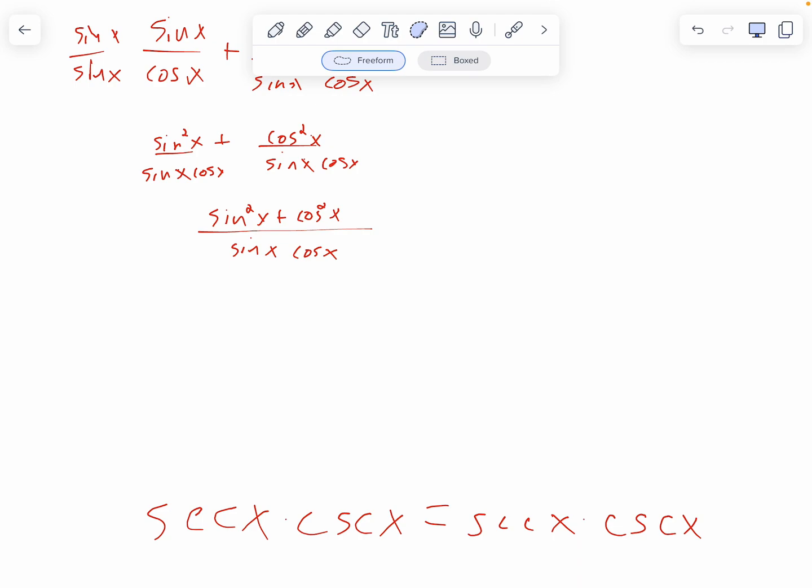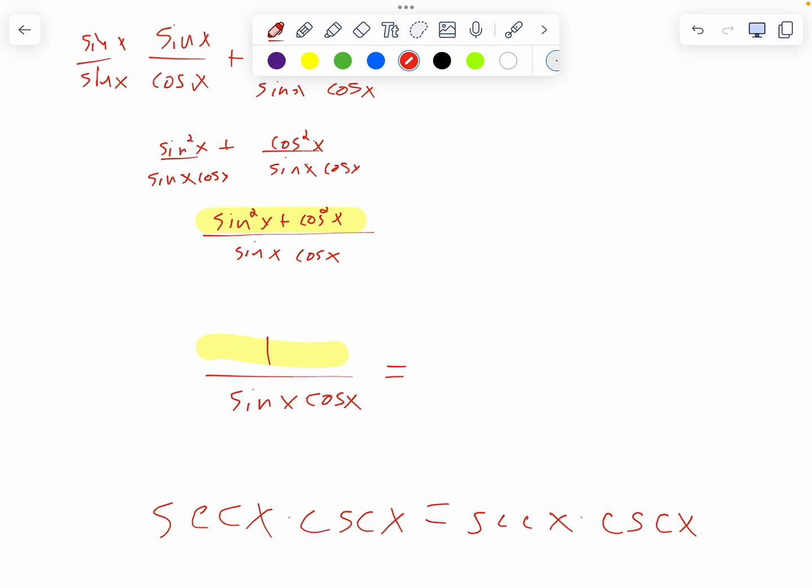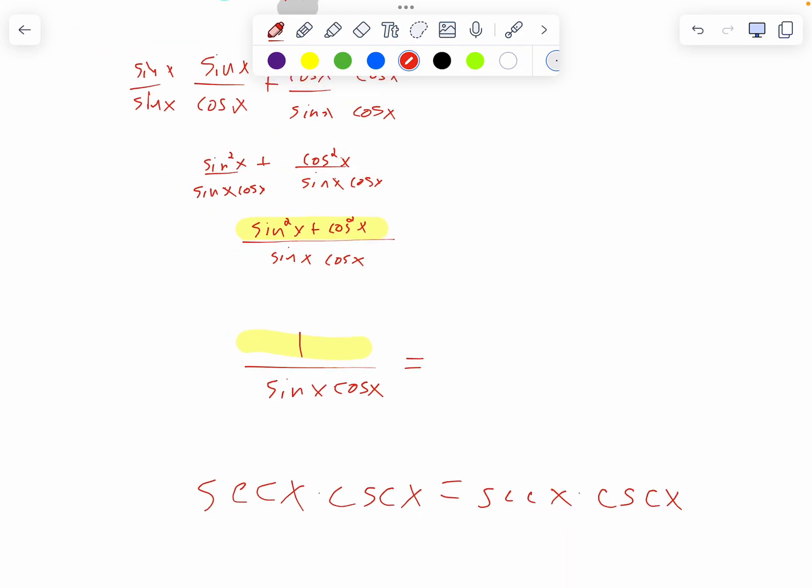All right. Famous saying. I've seen that before. Yellow becomes yellow. That's the famous Pythagorean identity. Sine squared x plus cosine squared x equals 1.